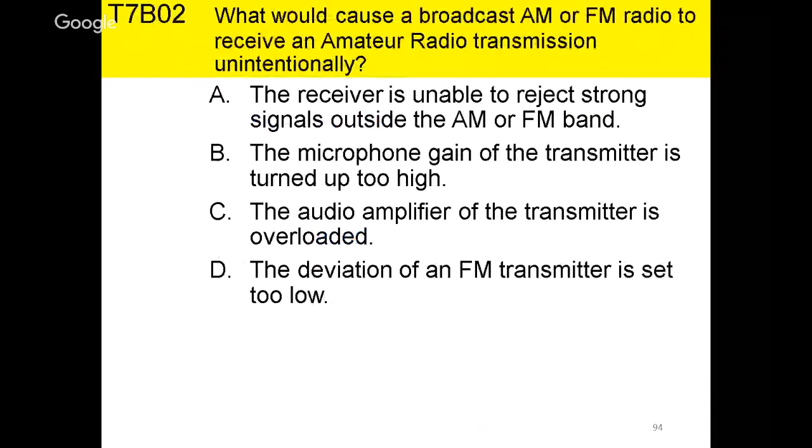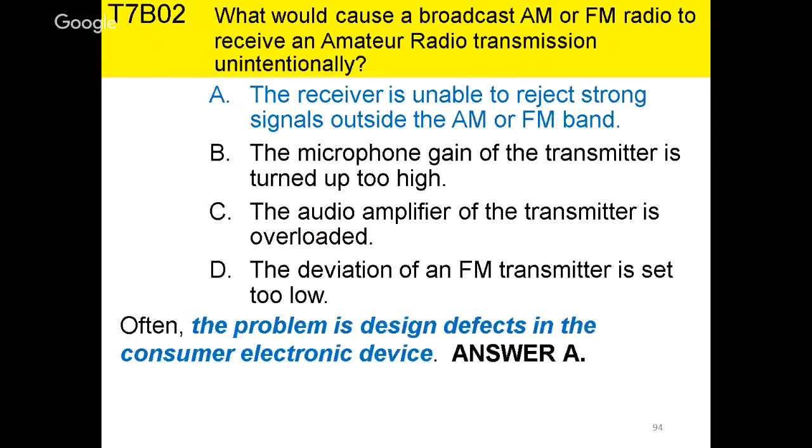So, what would cause a broadcast AM or FM radio to receive an amateur radio transmission unintentionally? Very simple. Again, this is the longest answer. The receiver itself is unable to reject strong signals outside the AM or FM band. So your neighbor is sitting there with the AM or FM radio going, listening to their nice music, maybe the Glenn Miller Band or something like that.